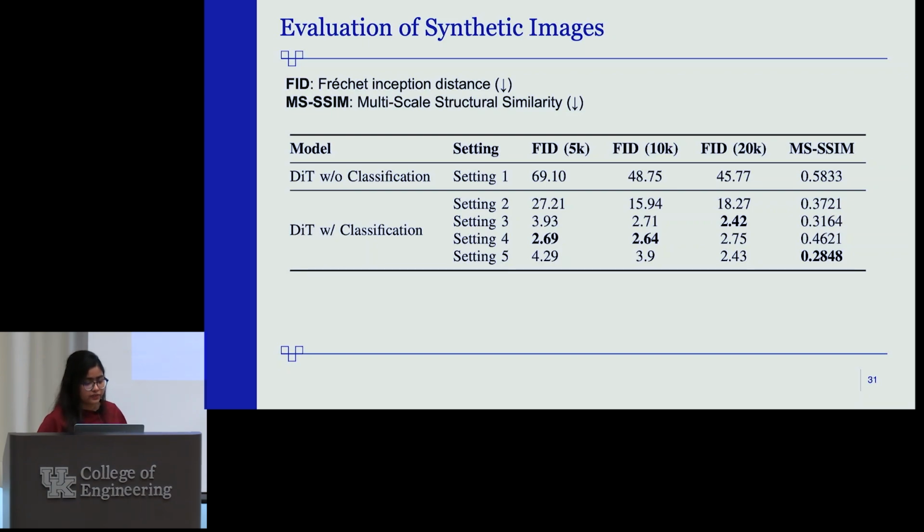So here we show FID scores based on 5K samples, 10K samples, and 20K samples, and we also show the MS-SSIM scores. Here, setting 2, setting 3, and setting 4 provide better FID scores compared to other models.